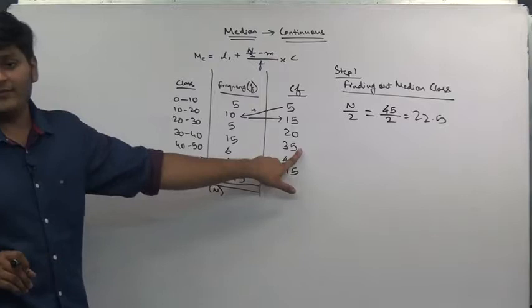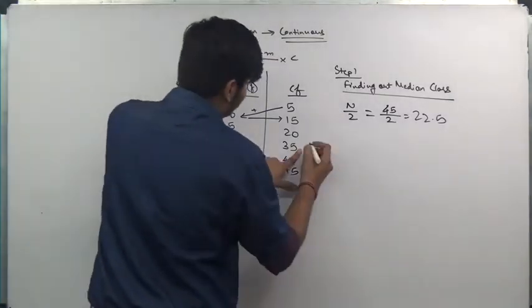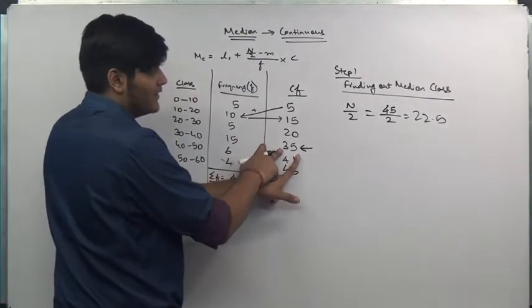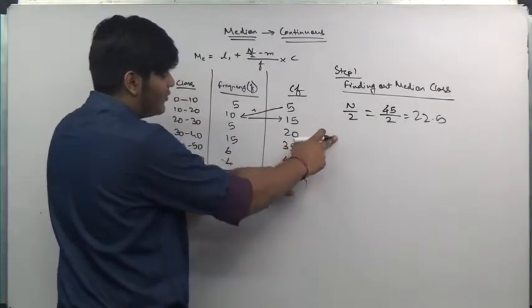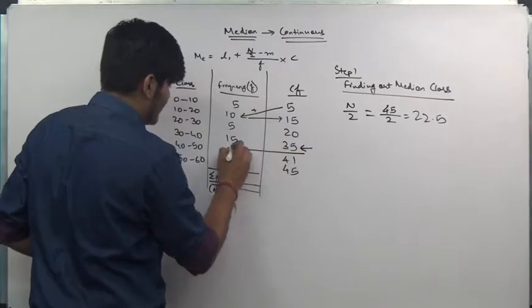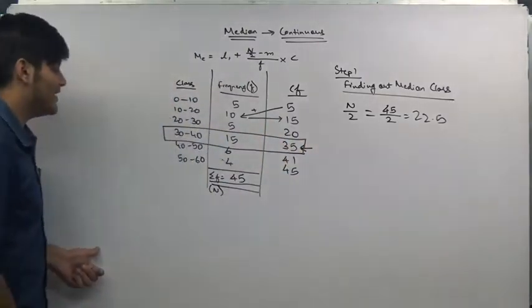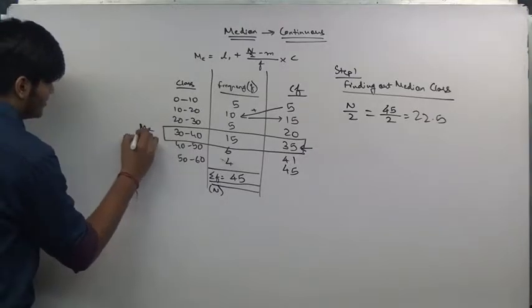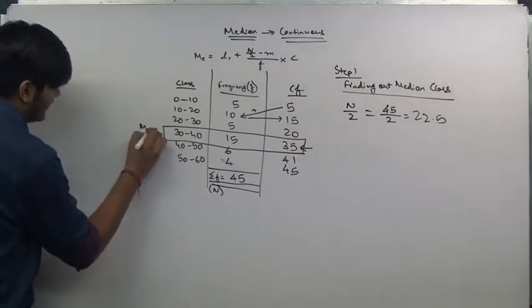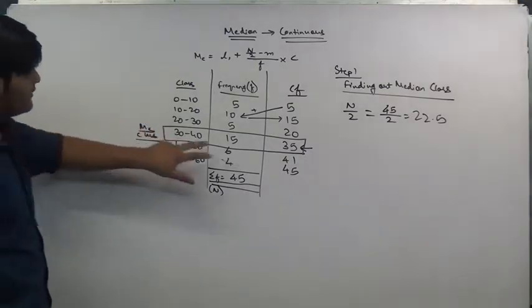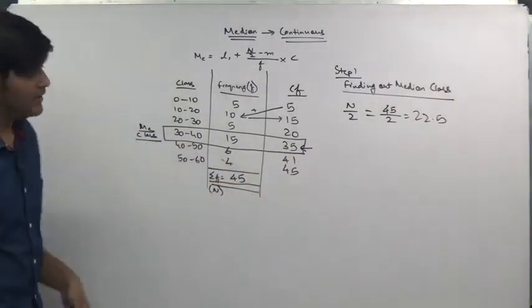Under 35 you can adjust 22.5. The next greatest cumulative frequency after dividing n by 2 is selected as the median class. So this is the median class. We'll do the sum using this particular row.